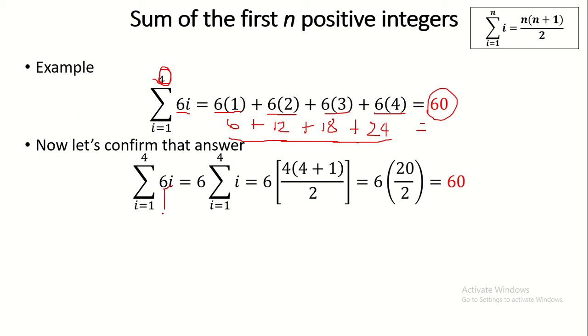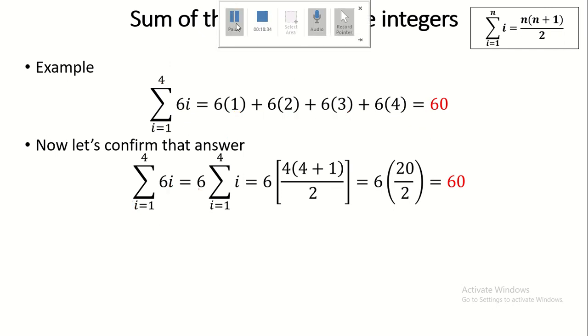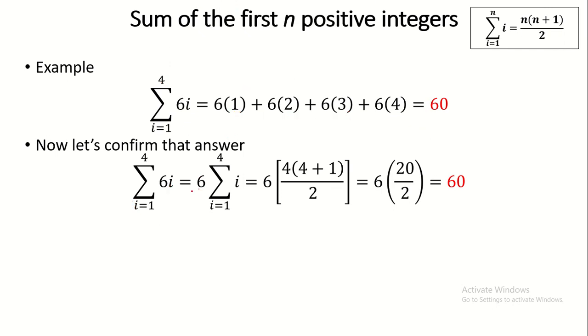So I'm going to have 6 in front, and what will remain is the i. So 6 times the summation of i from i equals 1 up to 4. So I just copied 6 and then apply this formula in finding the sum of the first n positive integers.